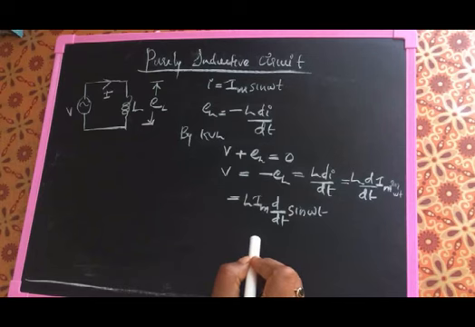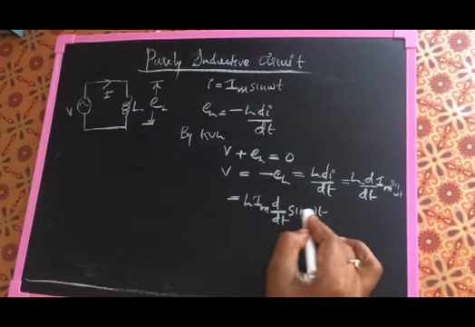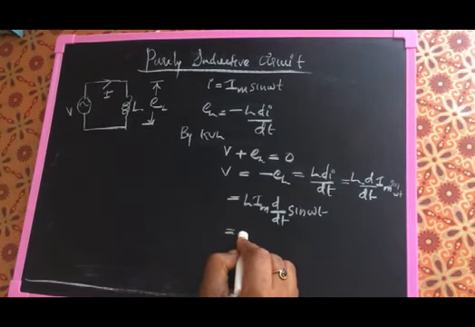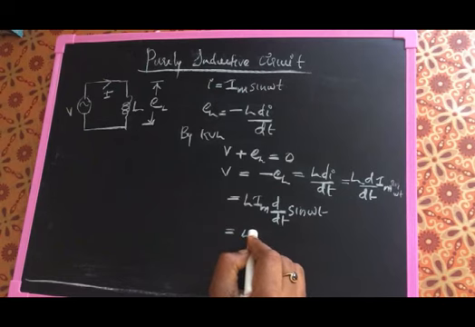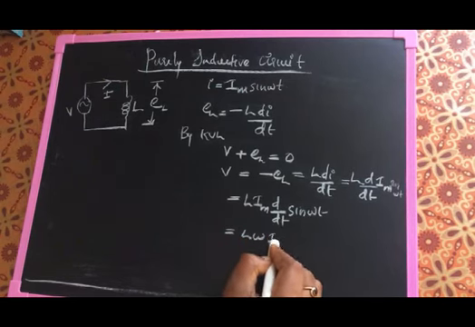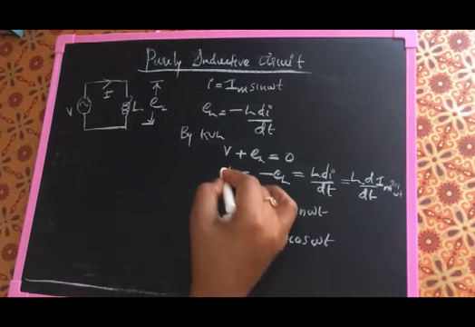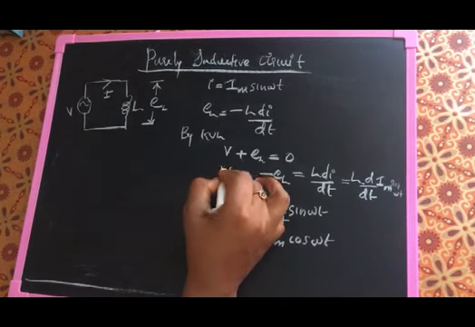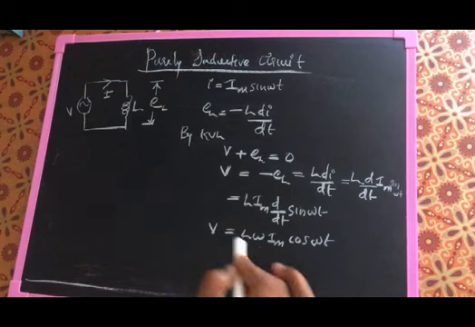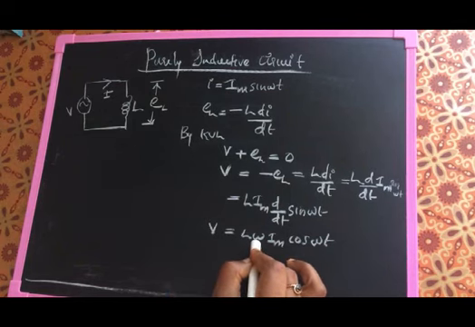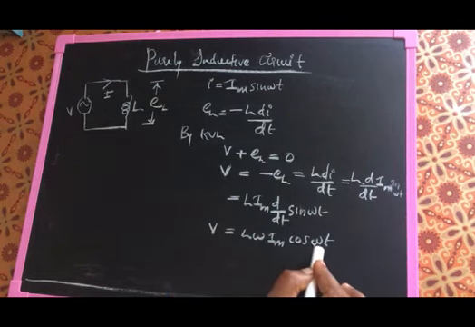What is the derivative of sin omega t? It is omega into cos omega t. So you can rewrite it as L omega Im cos omega t. What we were deriving was the equation of voltage. So V is equal to L omega Im cos omega t.